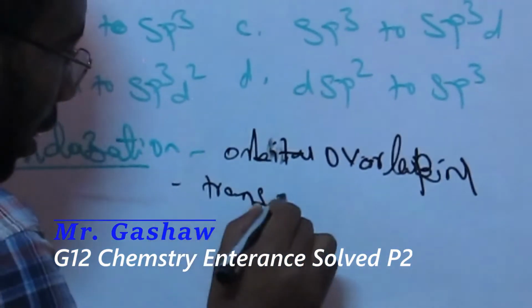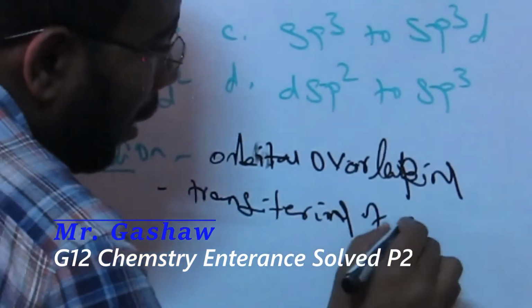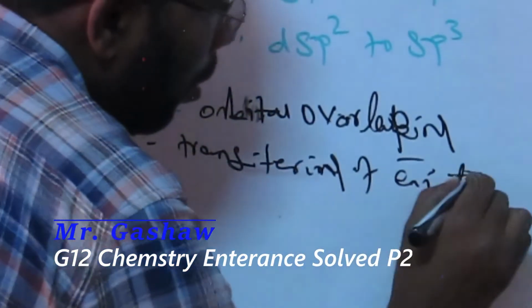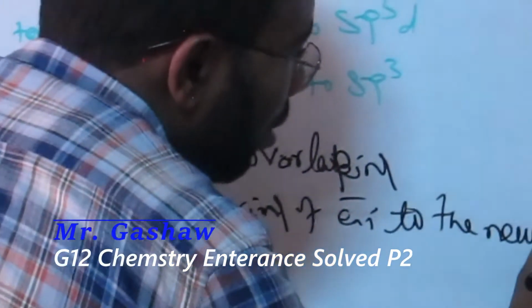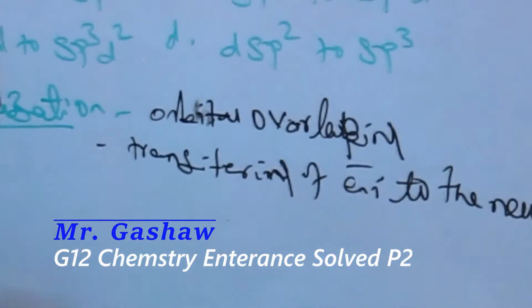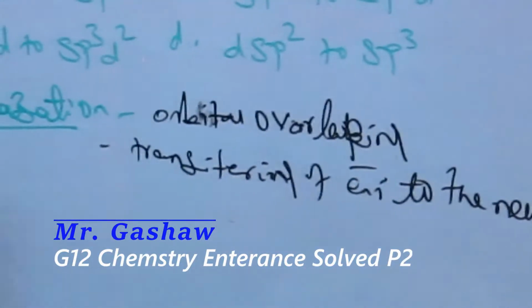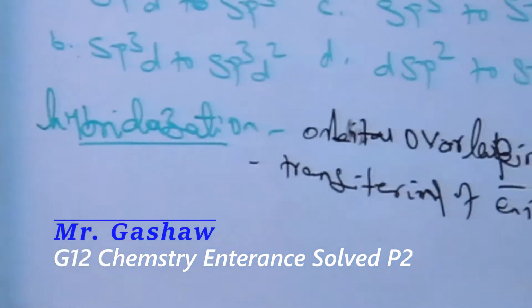Transferring of what? Electrons to the new orbitals. Look, so from this one, hybridization means promoting of electrons to the new orbitals or overlapping of one orbital with the other orbitals.